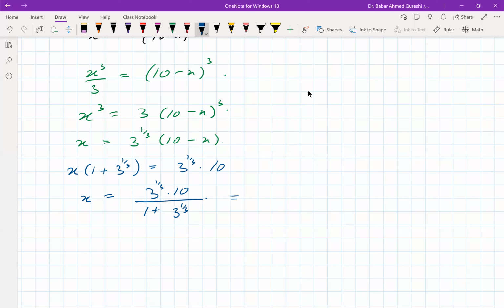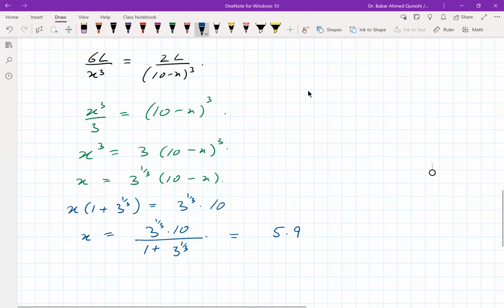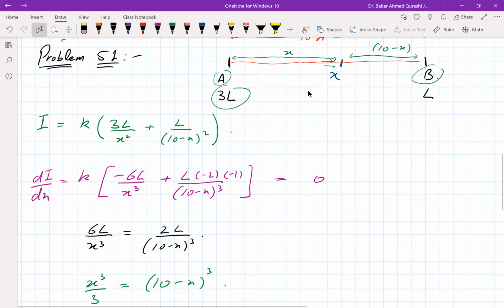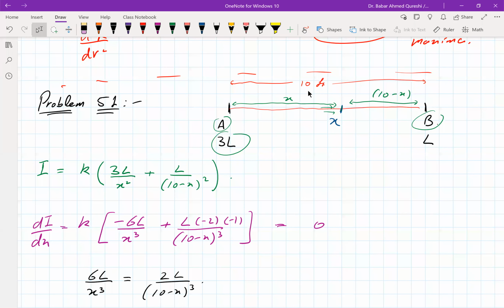So you get 14.4 divided by 1 plus 1.44. So that's about 5.9. And I'm guaranteed that it's going to be a minimum.